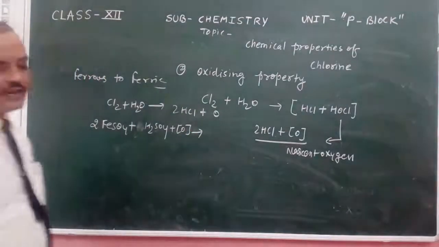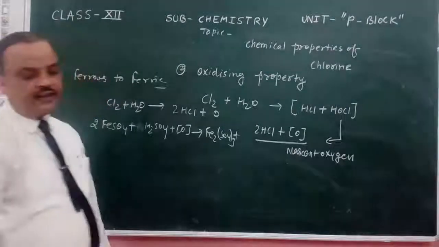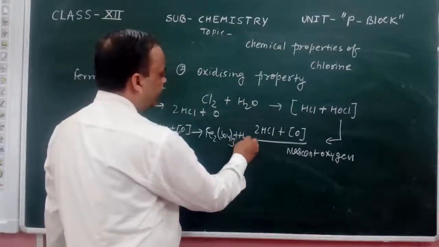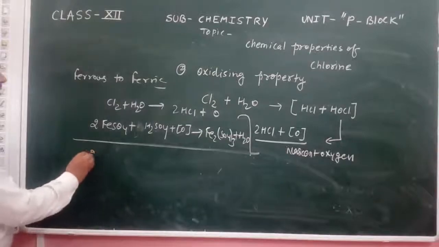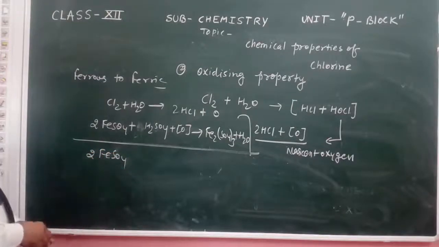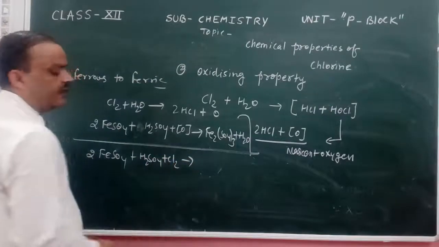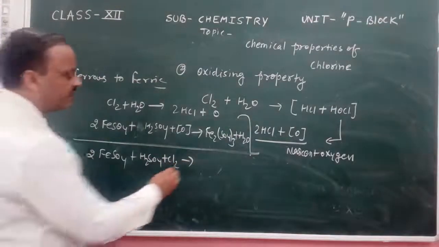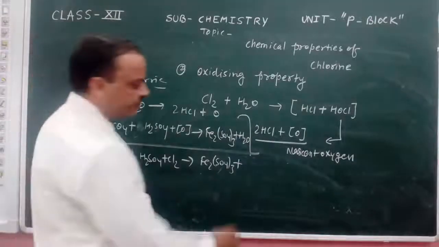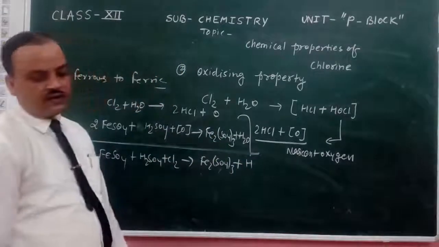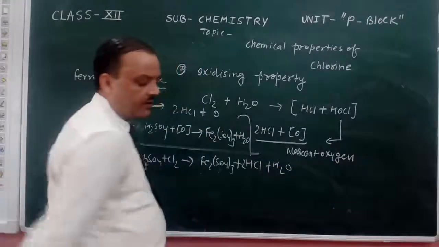So what products are we getting? The ferrous gets converted into the ferric, and the combined equation which we are having is 2FeSO4 plus H2SO4 plus Cl2, and then we get the product Fe2(SO4)3 plus 2HCl and H2O as products in this reaction.